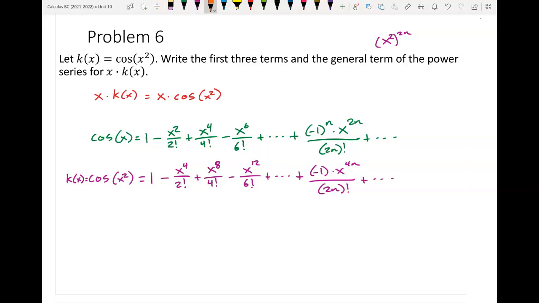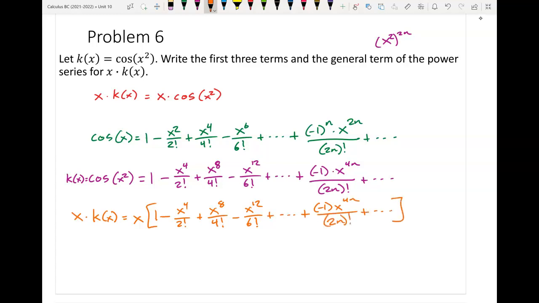And now finally to our end result of what is x times k of x. Well, that's just x times that whole series, 1 minus x to the 4th over 2 factorial plus x to the 8th over 4 factorial minus x to the 12th over 6 factorial all the way to our general nth term here.